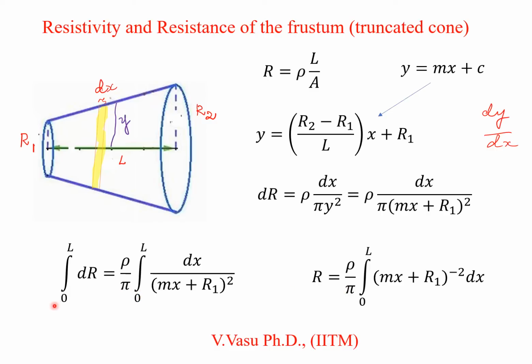Integration is from 0 to L, and the right-hand side also from 0 to L. If you integrate 0 to L, this dR will become R, the total resistance. So rho over pi, integral between 0 to L. This (mx plus R1) squared I am taking to the numerator, that is (mx plus R1) to the power minus 2 dx.